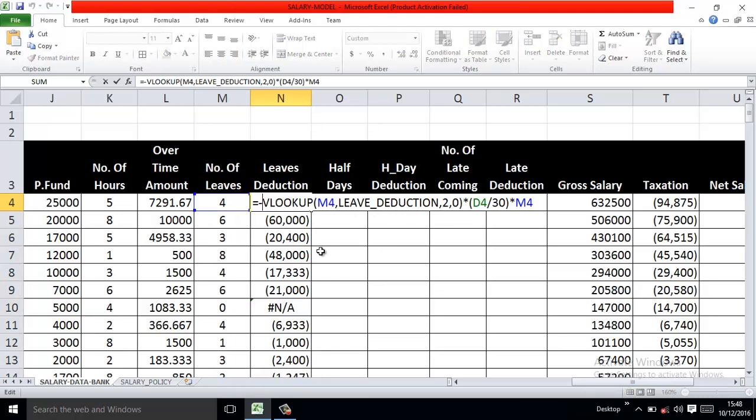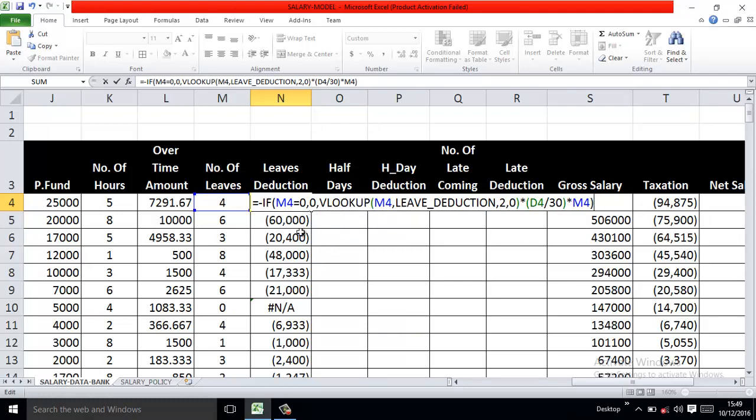So I have to apply over here a check, and that is if this number of leaves is equal to 0, then the result is 0, else this result, right?